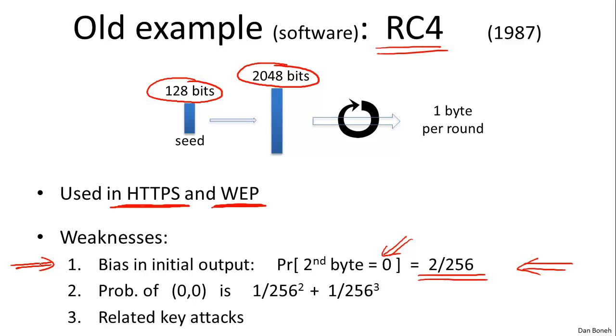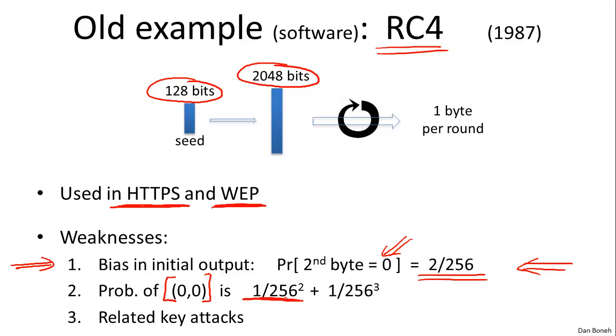The second attack that was discovered is that if you look at a very long output of RC4, you're more likely to get the sequence 00. In other words, you're more likely to get 16 bits, 2 bytes of 00 than you should. Again, if RC4 was completely random, the probability of seeing 00 would be exactly 1 over 256 squared.